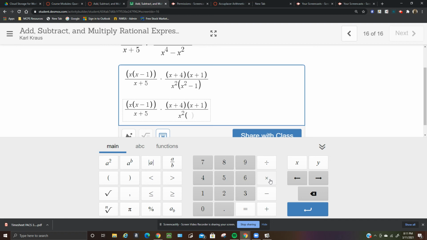And then x squared minus 1 factors to x minus 1 times x plus 1. So x plus 1 and x minus 1 go away. One of these x's is going to go away. There'll be 1 left in the denominator.